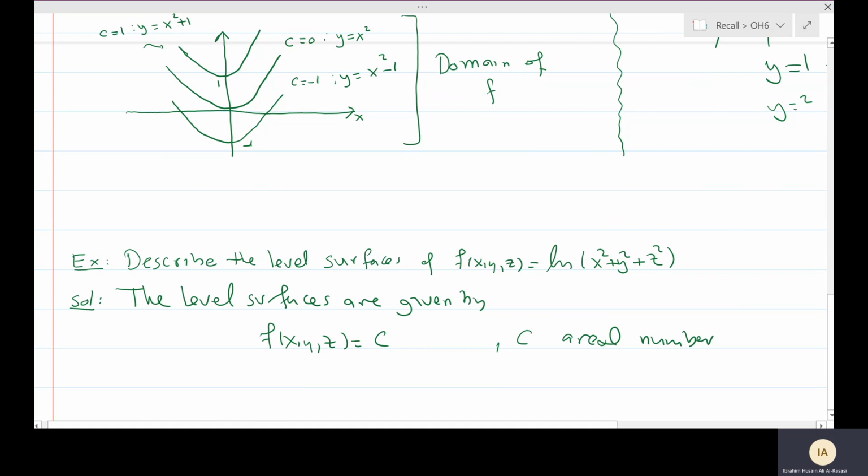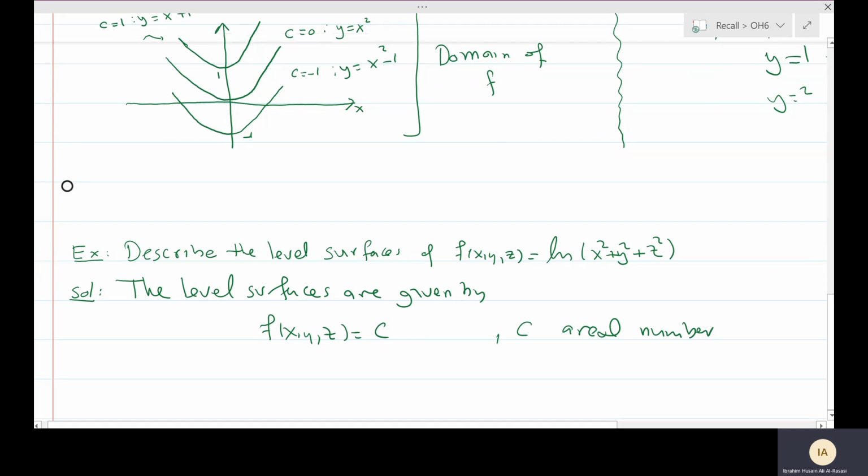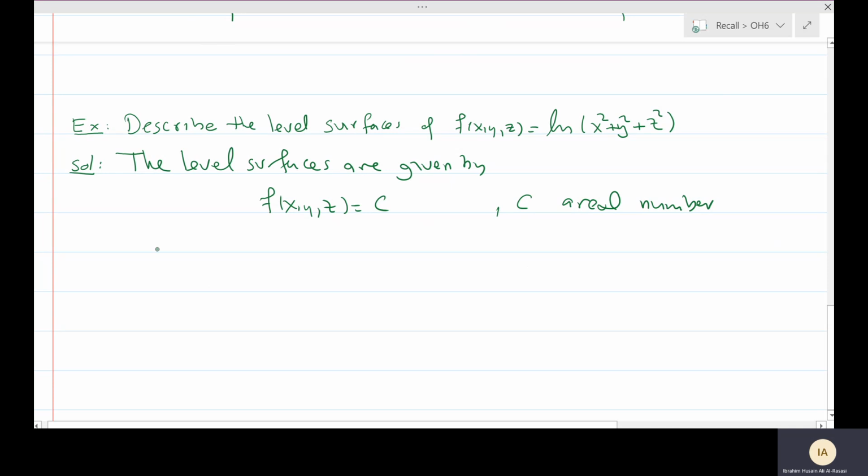Well, what is f? You just substitute: ln of x squared plus y squared plus z squared equals C. Simplify, take the exponentiation of both sides, and it will be x squared plus y squared plus z squared equals e power C.